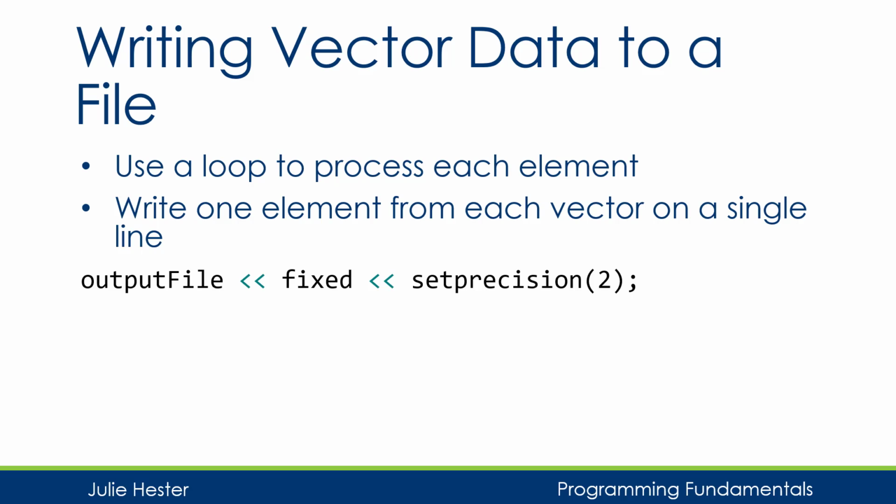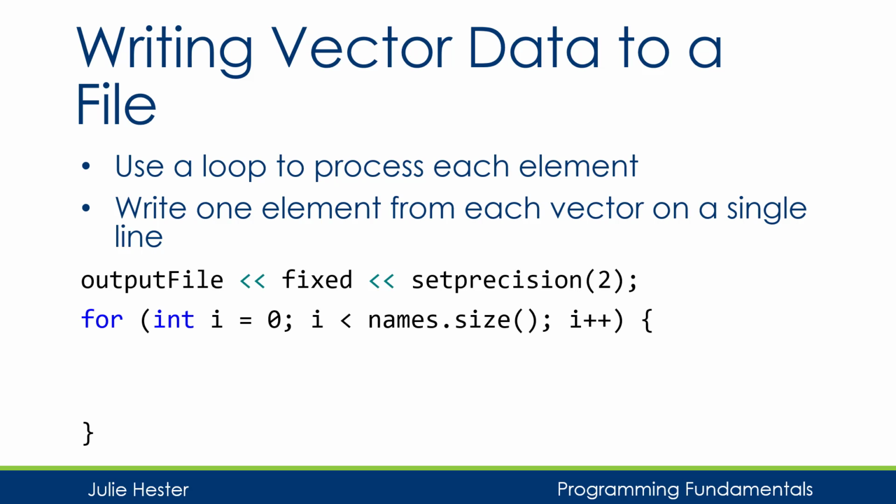I'll begin by setting up the formatting for my output file, and then I'm going to create a for loop that's going to execute once for each item in the vector or vectors. I'll use i as my iterator variable. I'll execute the loop until I get to the size of the vector and increment my iterator variable with each iteration.